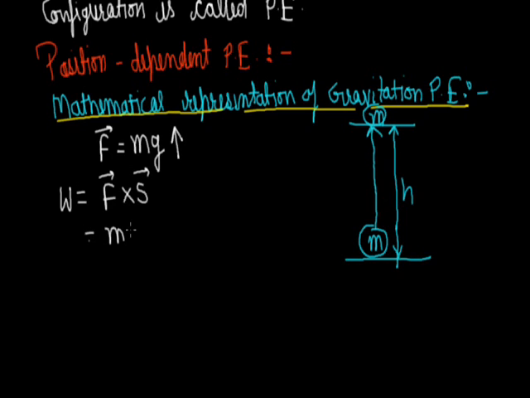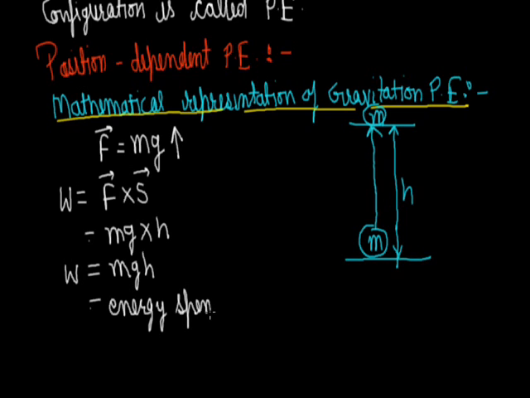Here force is mg, displacement is h, so we get W equals mgh, and it is equal to the energy spent in lifting the body.